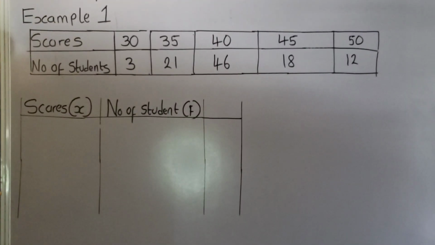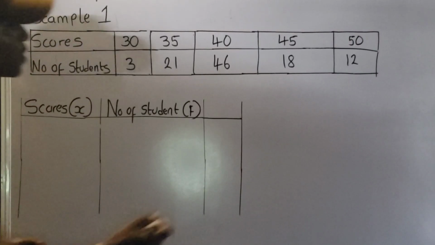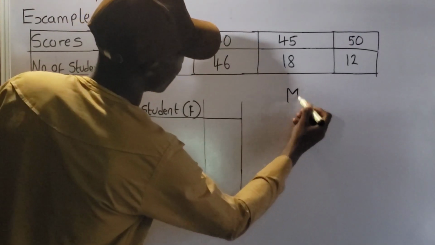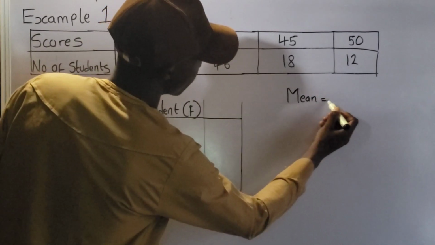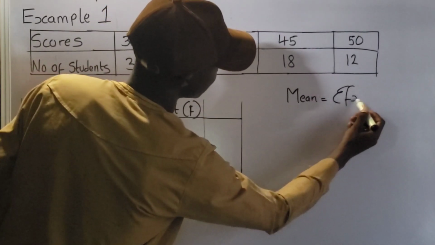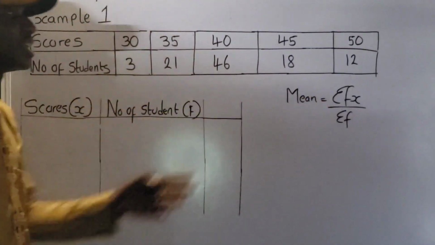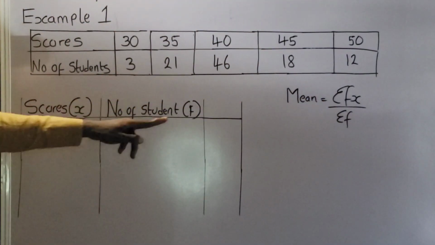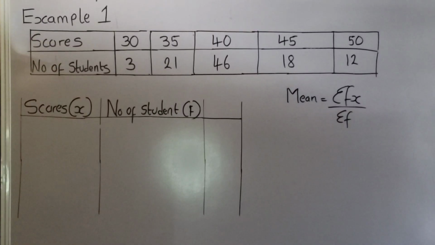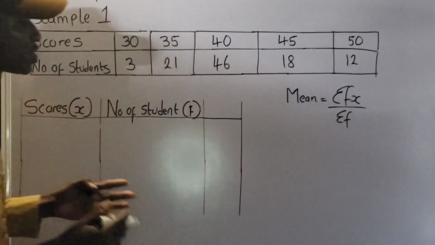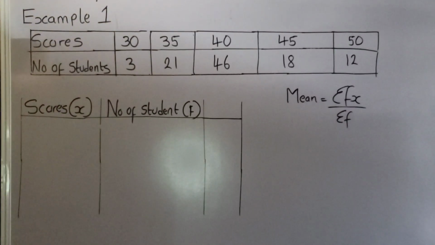Don't forget, the mean of frequency distribution is given by mean equals summation fx all over summation f, where summation fx is the sum of the product of our frequency and scores, and summation f is the sum of all our frequency. Please pay attention.